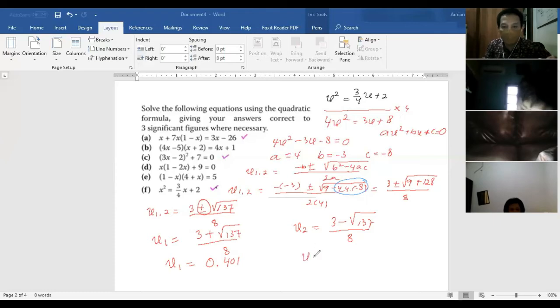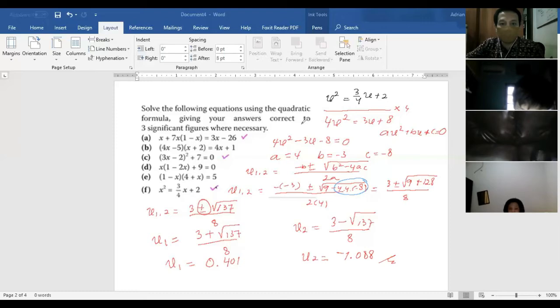Okay, and then x2. Use your calculator, everyone. 3 minus root 137 divided by 8. Okay, we found minus 1.088. That's the answer.